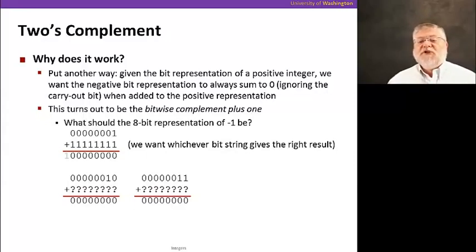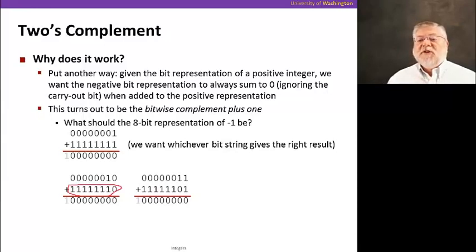In the case of the number 2, we want the number -2 here. What bit pattern would yield that? Well, we'd expect it to have a 0 here, so that 0 plus 0 would come out to 0. And then a 1 in the second position, so that 1 plus 1 is also a 0. And then a sequence of 1s to ripple that carry through. So a -2 looks like this value.